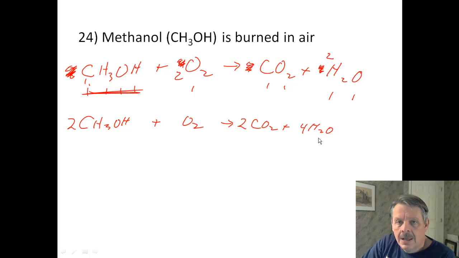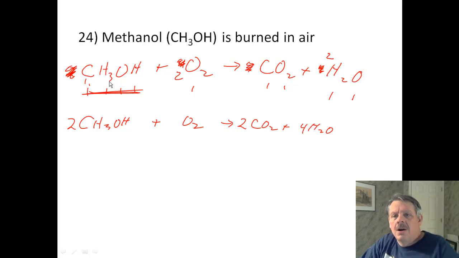I did it again. So what am I doing wrong? I still don't see what I'm doing wrong. 1 carbon, 4 hydrogens, 1 oxygen, 5 oxygens on this side. That does not work, and I can't have 5 oxygens.